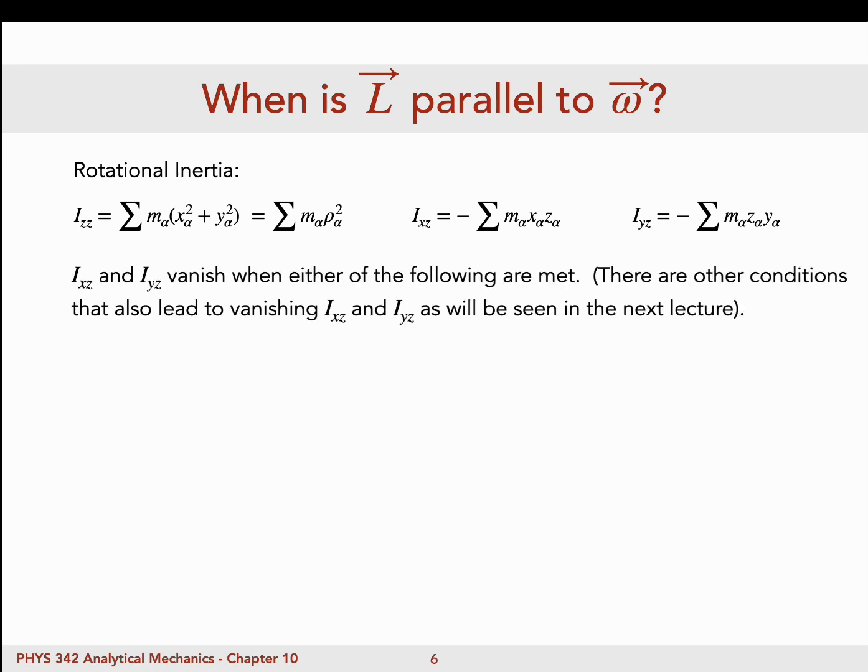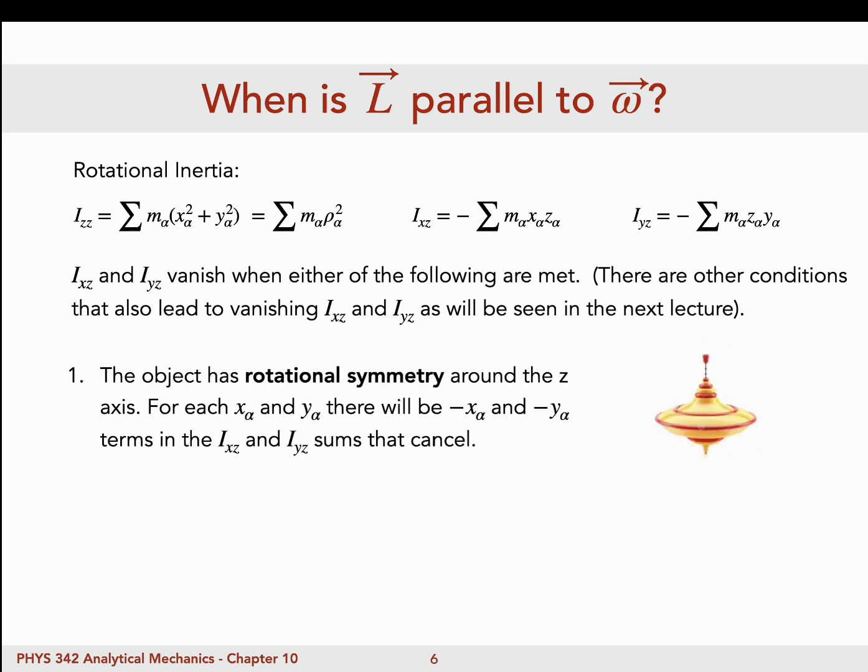This happens in a number of situations. We're going to mention two of them right now. One situation in which the Ixz and the Iyz terms vanish is for rotational symmetry. If you have an object like, say, a top, and it's rotationally symmetric around the axis of rotation, then both of those terms will be zero. You can see that here. If I look down on the top, here's X, here's Y, and you've got a rotationally symmetric object.